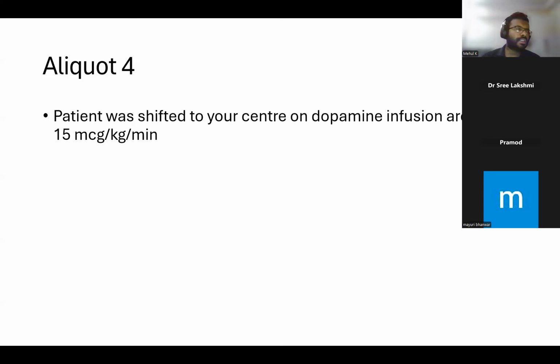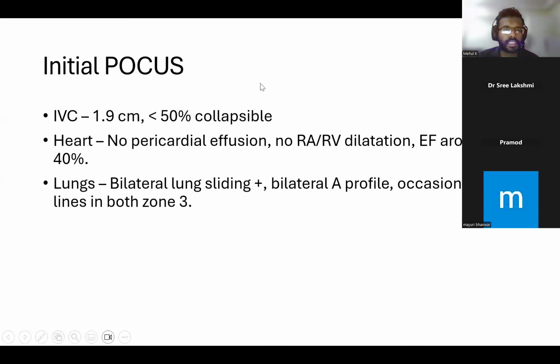Now, this scenario is not uncommon, but it is different from other cases because the patient has already been treated somewhere else. So, coming to a new center, bolusing with fluids again is perhaps not going to be very useful. So you can try. The patient is kind of borderline. It's not exactly a kissing IVC or anything. So you can try some fluids.